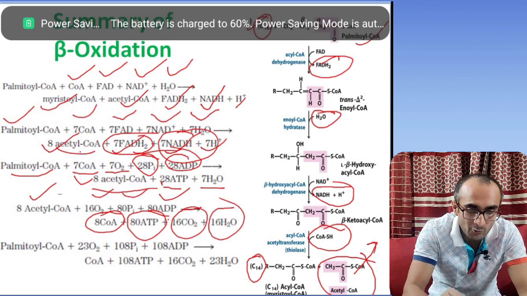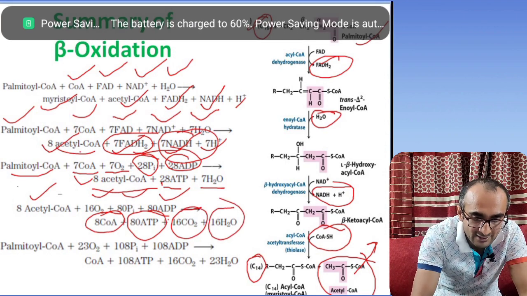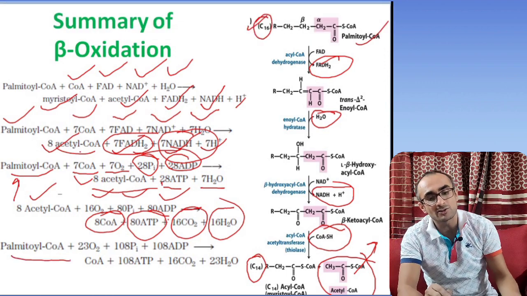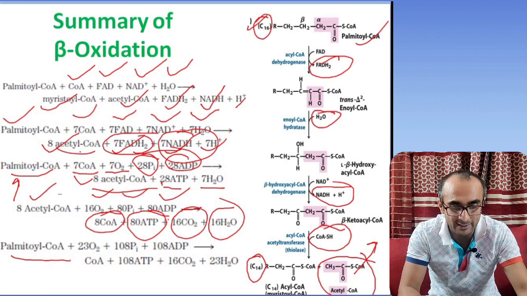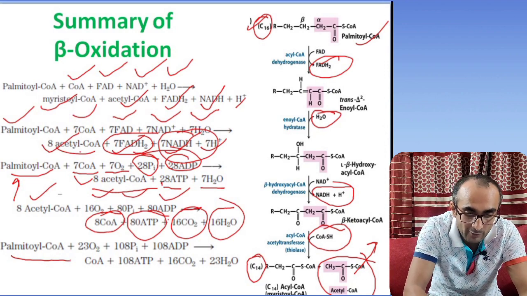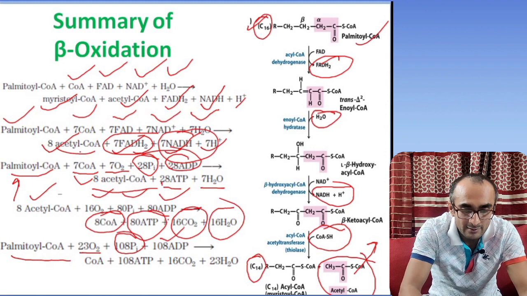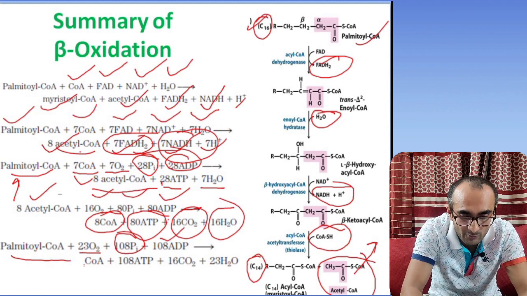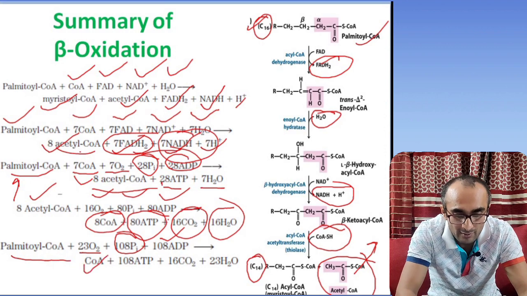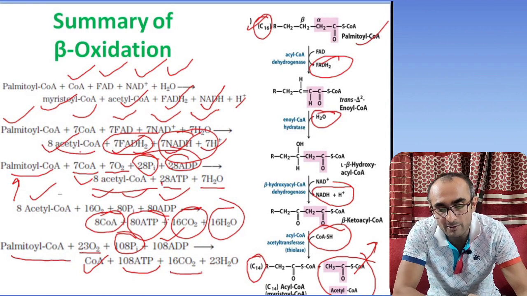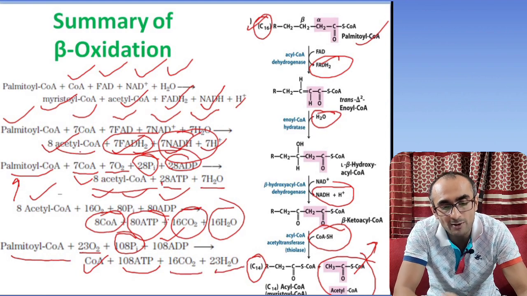That will happen. Now you can club these two reactions, and what eventually you get from complete oxidation of one molecule of palmitoyl coenzyme A is that palmitoyl coenzyme A will require 23 oxygen molecules, 108 phosphate, 108 ADP, and it will release one molecule of coenzyme A. 108 ATP molecules will be synthesized, 16 carbon dioxide will be released, and 23 water molecules.